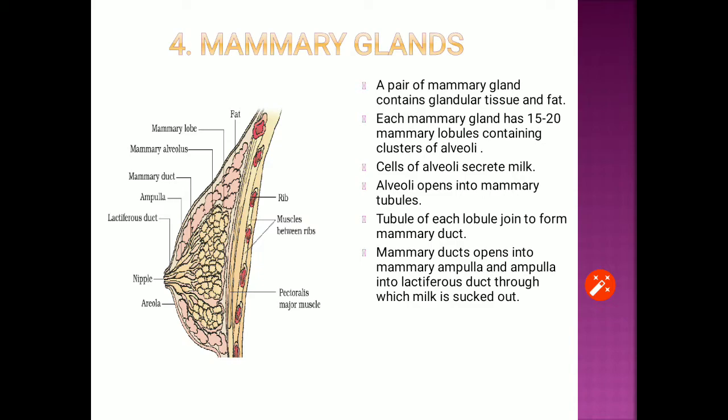Mammary ducts open into mammary ampulla and ampulla into lactiferous duct through which milk is sucked out. The diagram supports the literature part and everything is clear with the help of diagram, how these structures are leading to another one.